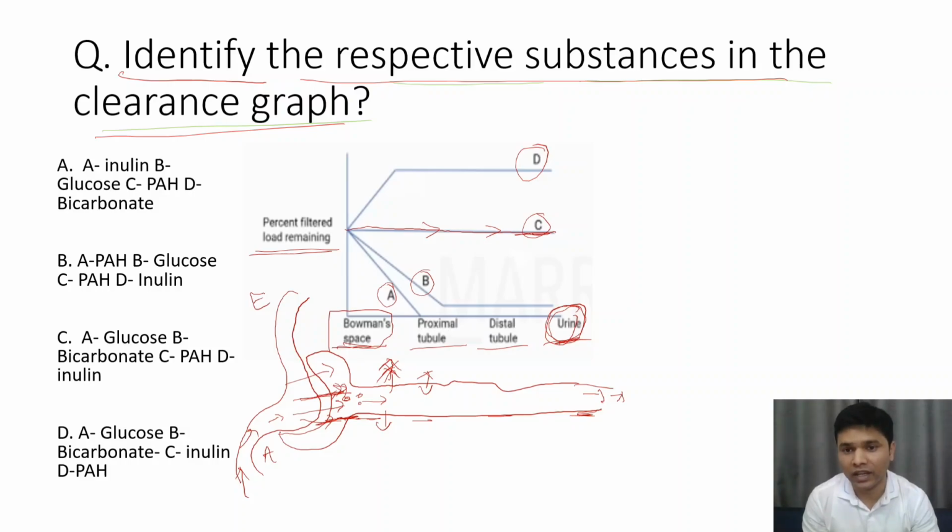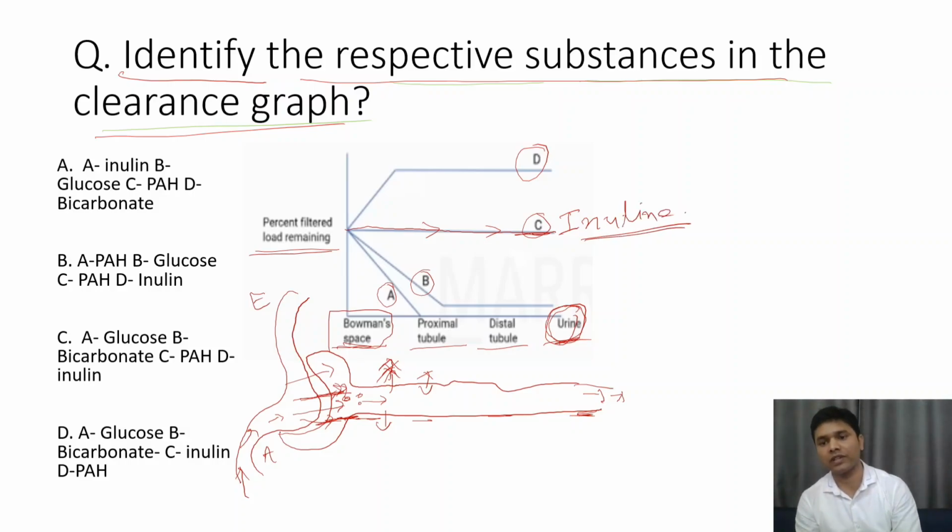We know that substance is inulin, neither reabsorbed nor secreted. So there is no change in the substance, and this graph is for inulin, because whatever is filtered here reaches the urine without any change.